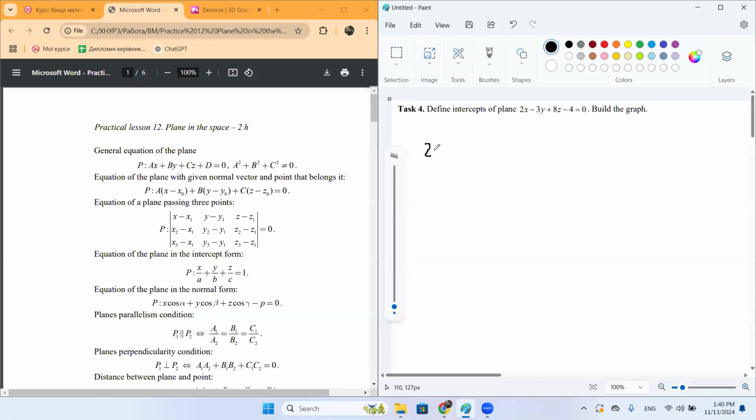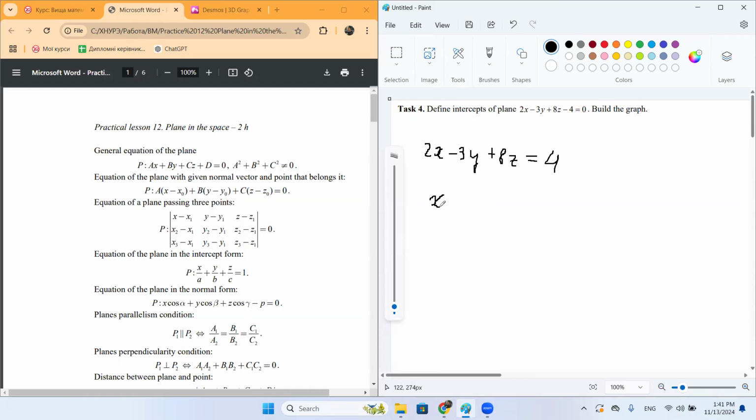So let's start. First of all, moving coefficient 4 to the right side. And then we just need to divide both parts by 4 to receive 1 here.